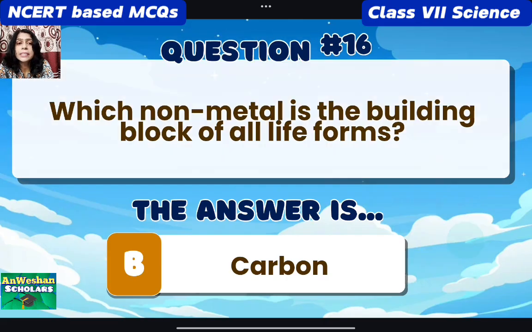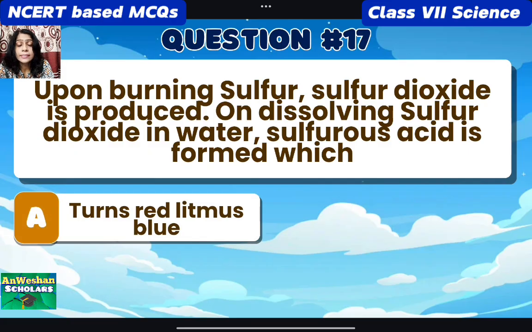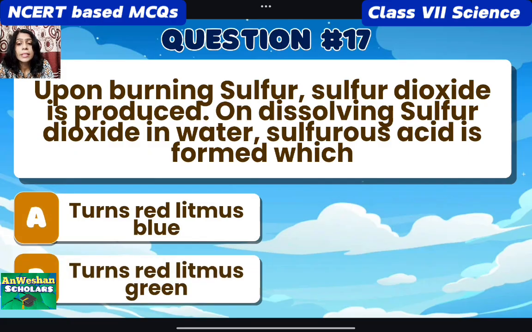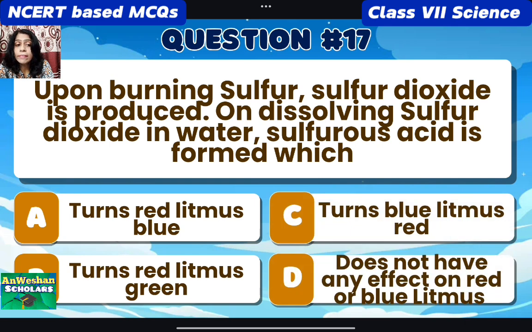Now question number 17. Upon burning sulfur, sulfur dioxide is produced. On dissolving sulfur dioxide in water, sulfurous acid is formed which turns red litmus blue, turns red litmus green, turns blue litmus red, or does not have any effect on red or blue litmus.